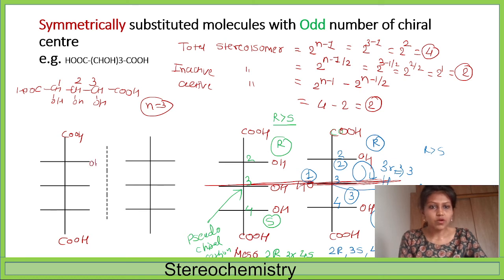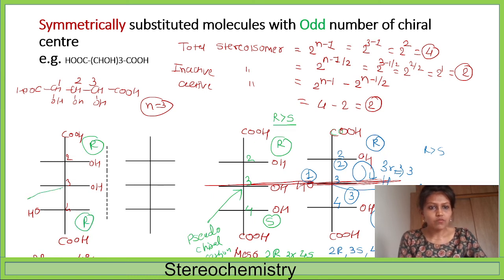Now next one, OH, OH and OH, right? Now its configuration is 2R and 4R. So see, carbon number 2, this is 3, this is 4. Now carbon number 2 has configuration R, and carbon number 4 has configuration R, right?